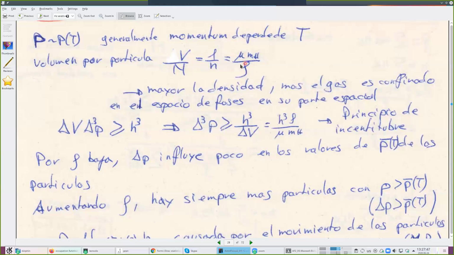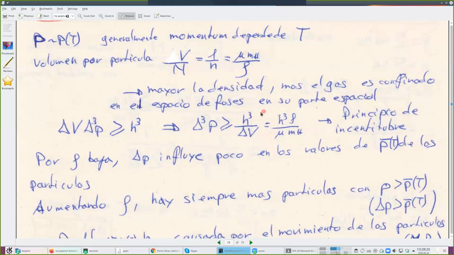So if you have really high density, you see that the space for one particle starts to be really small. And so if you consider the phase space, that is the space in position and velocity, the particles have to be really well localized in space.